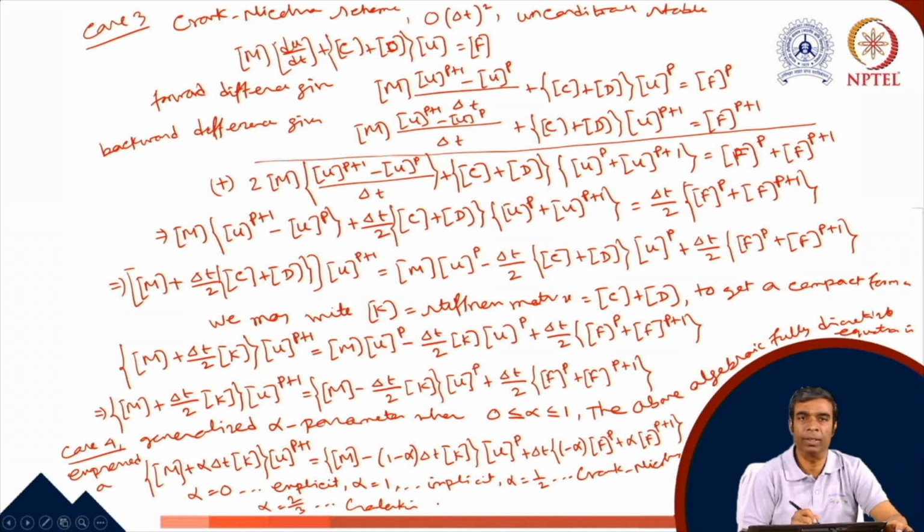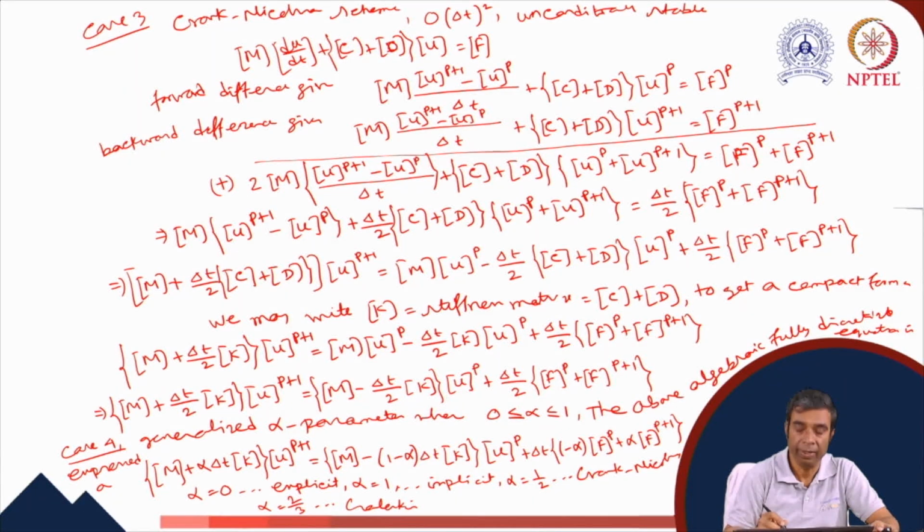We have already mentioned that the Galerkin as well as Crank-Nicolson time integration are second order accurate, whereas the explicit Euler and implicit Euler are both first order accurate. Here, this term is 1 minus alpha.